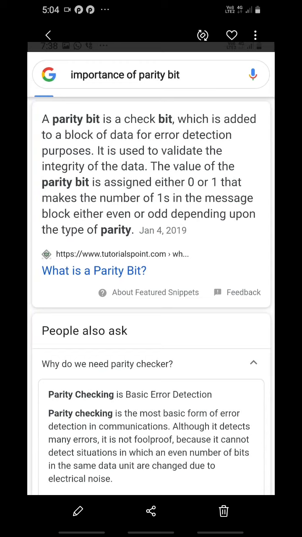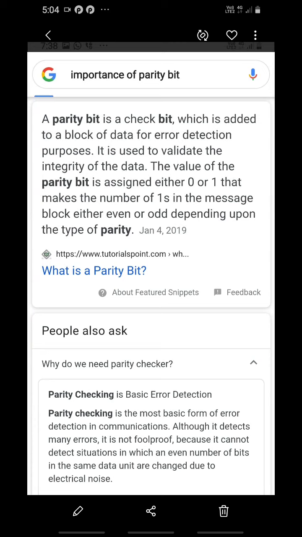Next, importance of parity bit. A parity bit is a checking bit which is added to a block of data for error detection purposes. It is used to validate the integrity of the data. The value of the parity bit is assigned either 0 or 1.